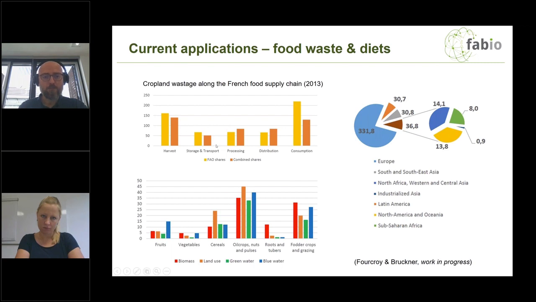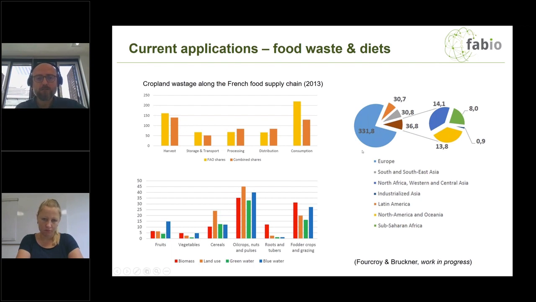In the left upper corner, you can see a figure showing the cropland wastage along the food supply chain at different stages of the food supply chain, starting with harvest, then storage and transport, then processing, distribution, and final consumption. We compared waste shares given by FAO in an FAO report on food waste with waste shares found in the literature specifically for France. So that's why you see here these differences for the yellow and the orange bars.